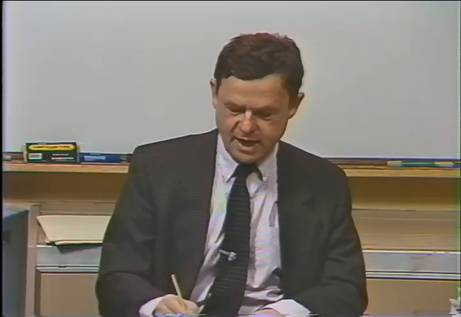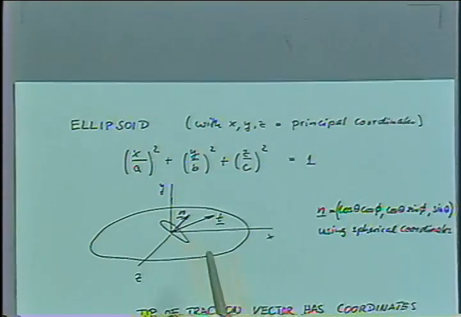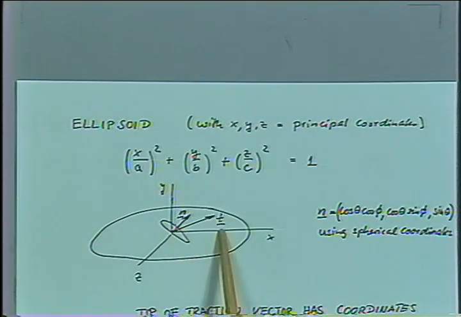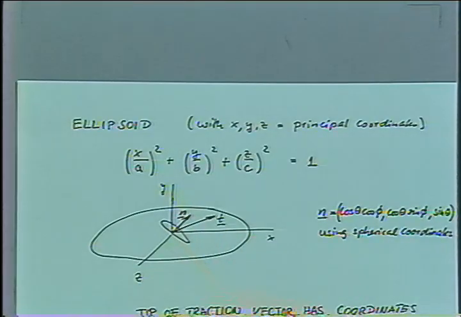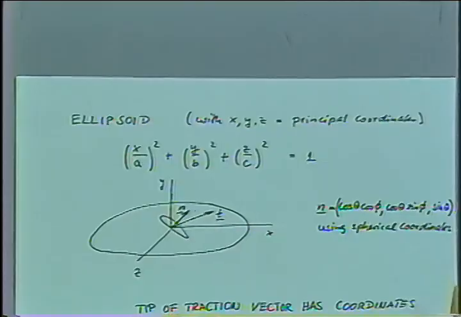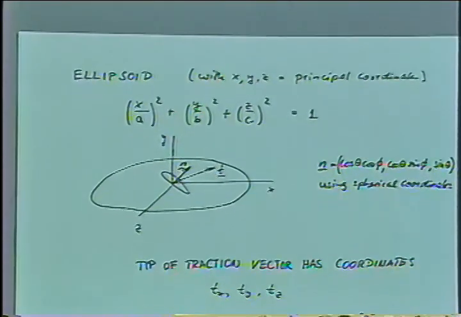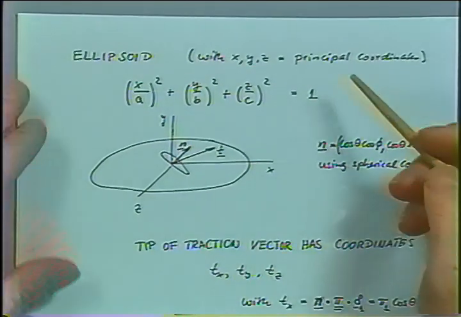So in this case, I put the three principal axes here, x, y, and z. We are operating already in a principal coordinate system. It doesn't matter whether we use the stress matrix in the principal coordinate system or not, because they are fully defined by the three principal stresses and three principal directions.